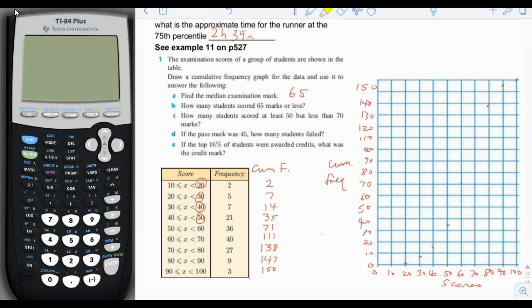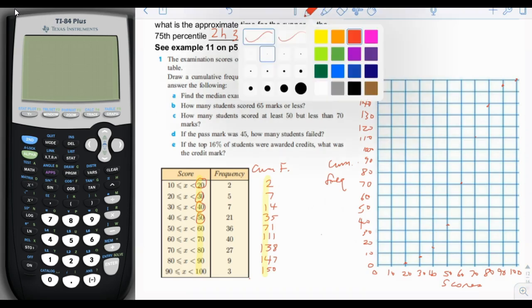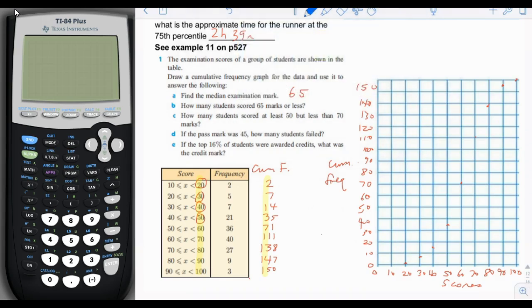Okay, now you can see that I've graphed these numbers here against these numbers here. And now I'm going to draw a curve through these points. The first point I'm going to graph, which isn't really on the table, but we're going to put it here, is going to be 10, 0.